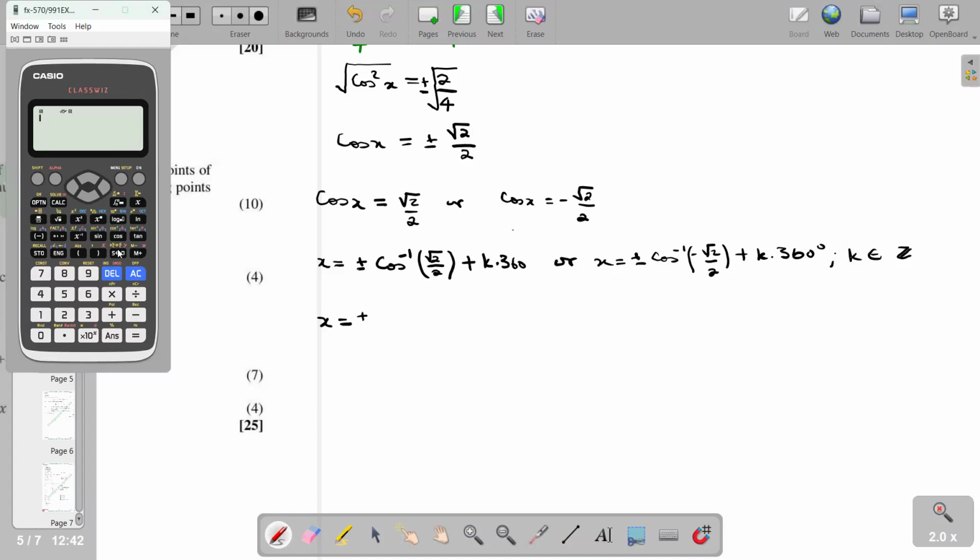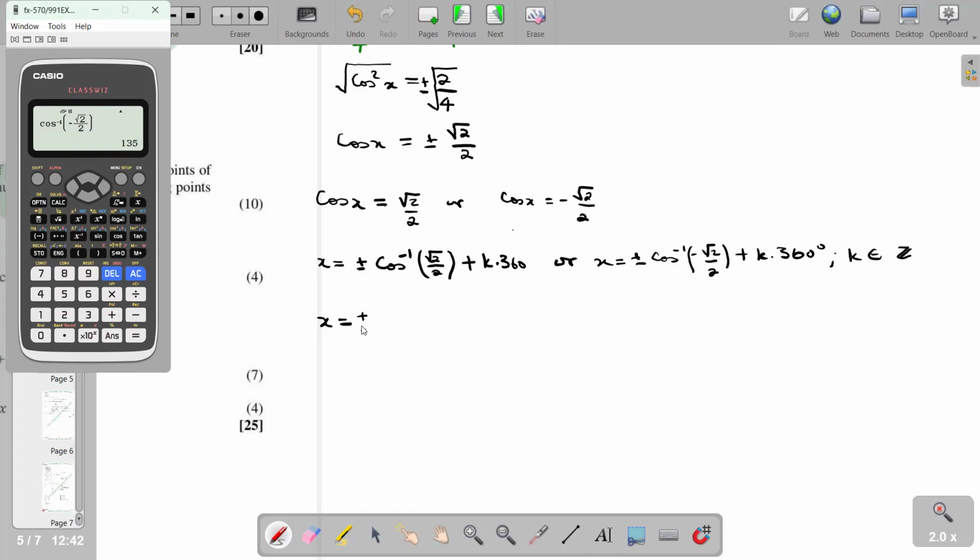It's gonna be second function cos, root 2 over 2, which is giving us 45 degrees. Let's go and put a negative for the other solution, which is giving us 135 degrees.